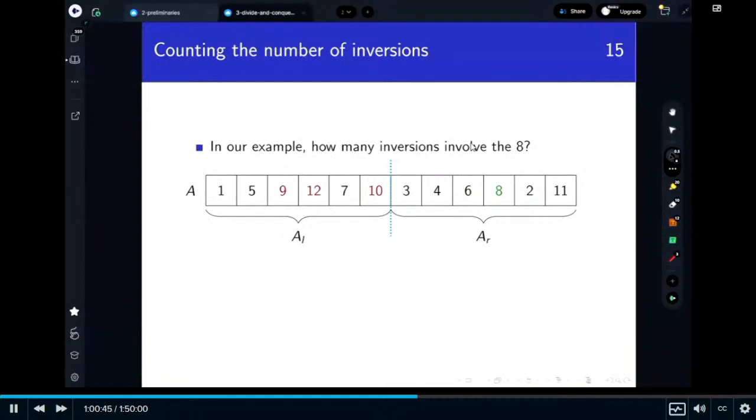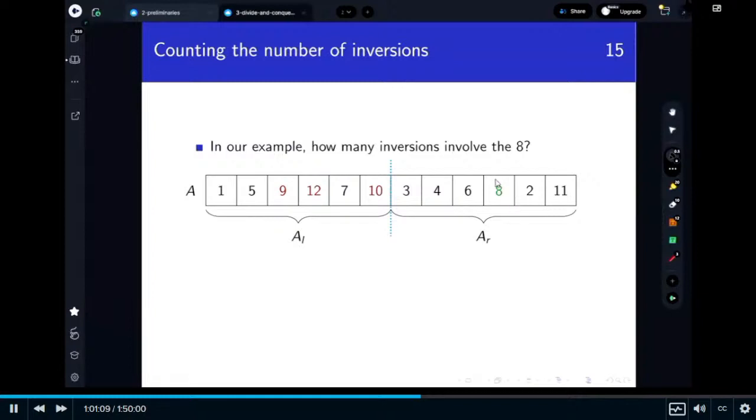One question is, for this example, how many inversions involve the 8? Well, it's of course all the inversions inside AR that involve the 8, which is just one inversion between 8 and 2. And then all the inversions that go across.